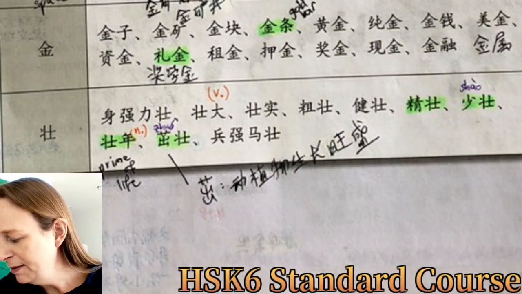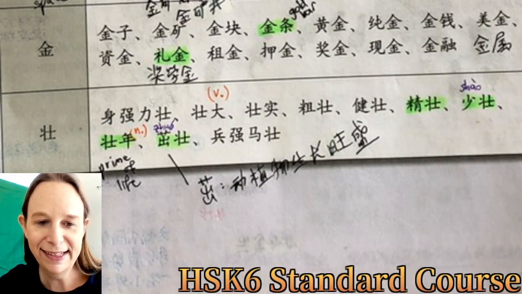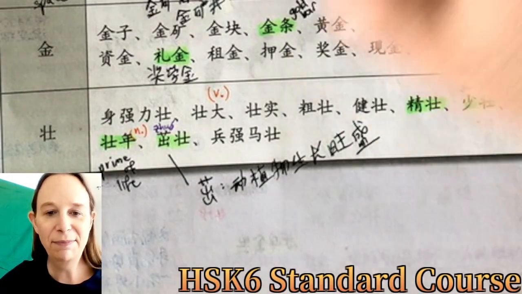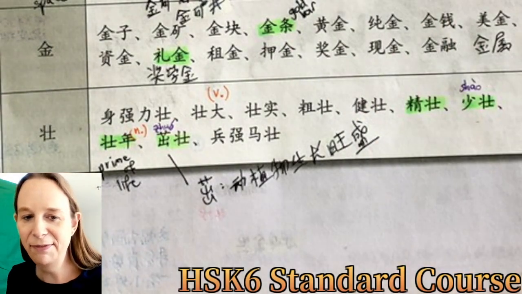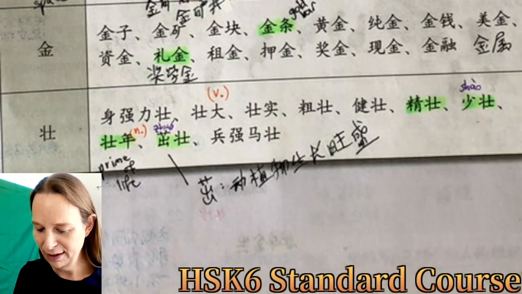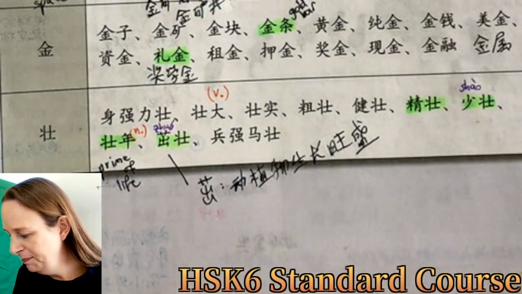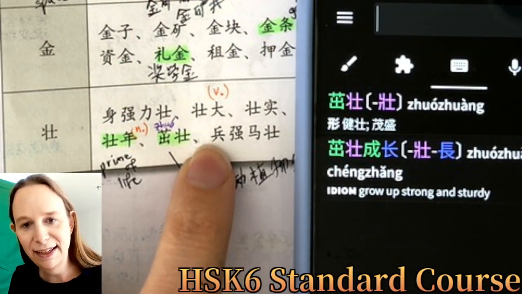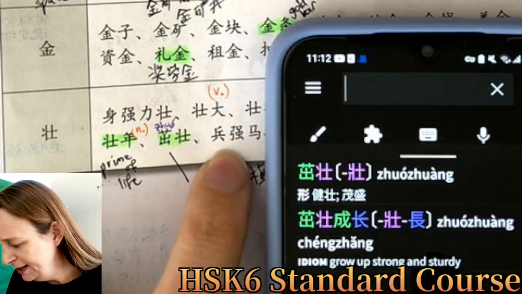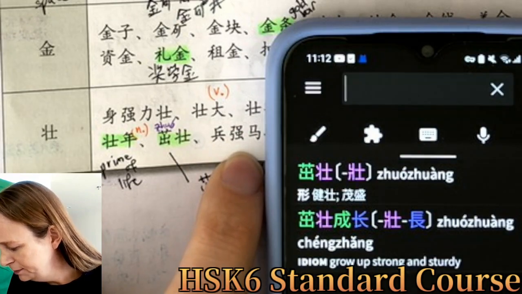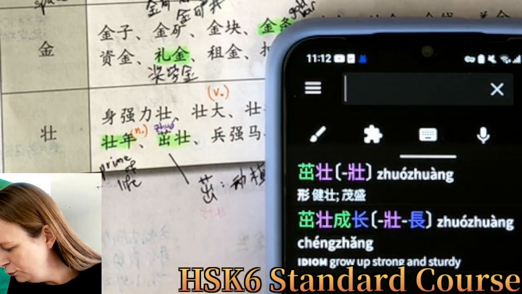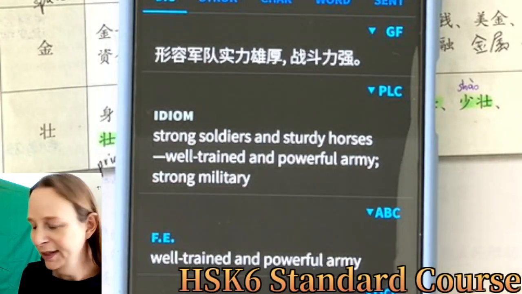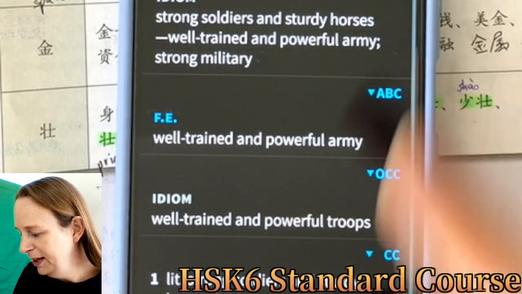Okay, 兵强马壮. Presumably this is an adjective that describes an army being powerful or prepared for battle or something. Oh, so 兵 is a soldier, right? 兵强马壮. Strong soldiers, sturdy horses, well-trained and powerful army.